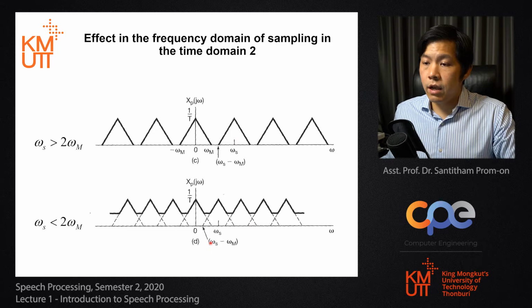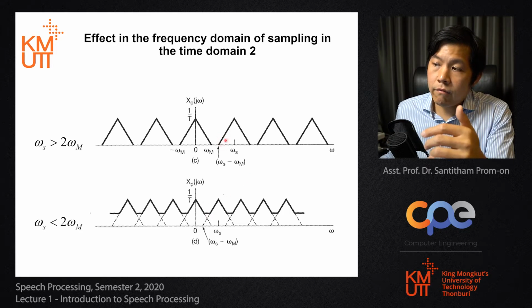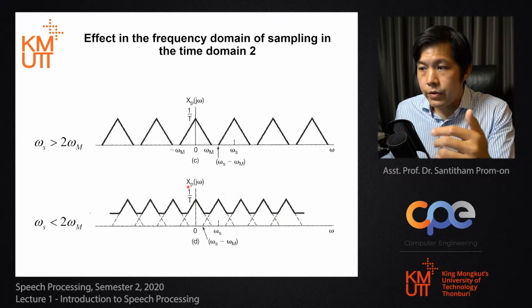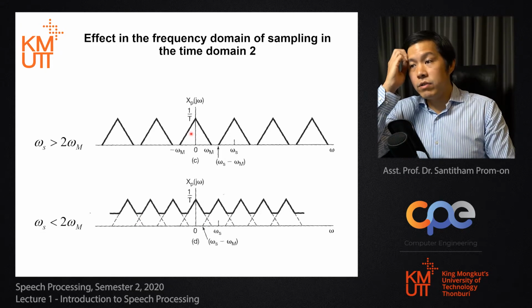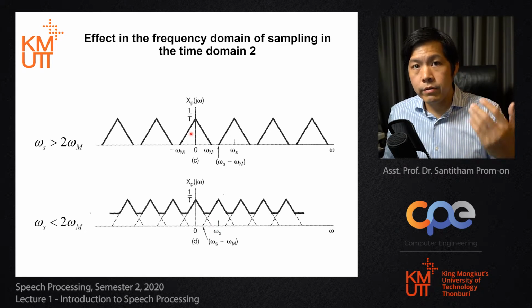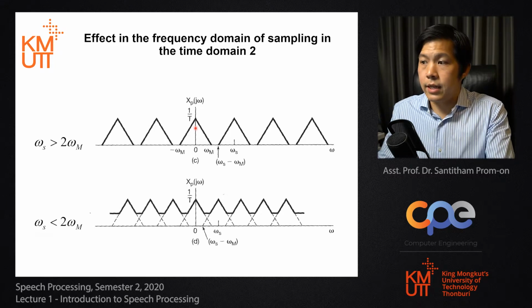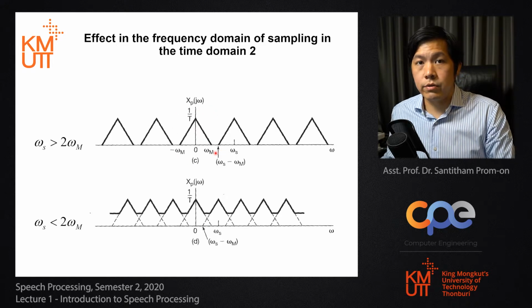But if ω_s is less than 2ω_m, there will be a certain folding back of the high frequency content that would create something like this one. And you can see that the shape itself is not like the above. The above has multiple versions of the triangle, and when creating this through the speakers, you just produce this version out, so it's fine.